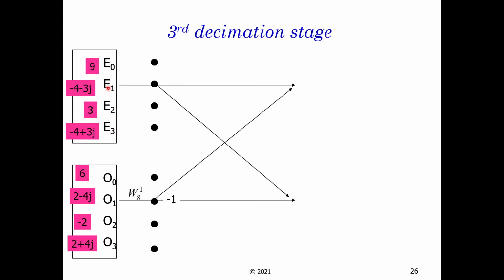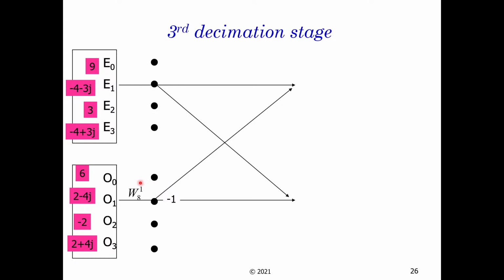Similarly, for the next pair that we're doing, minus 4 minus 3J here will go across here. And 2 minus 4J here, when we go up with W1 of 8, remember, this here is going to be a complex quantity. And we saw that complex quantity when we actually did the evaluation for those twiddle factors.